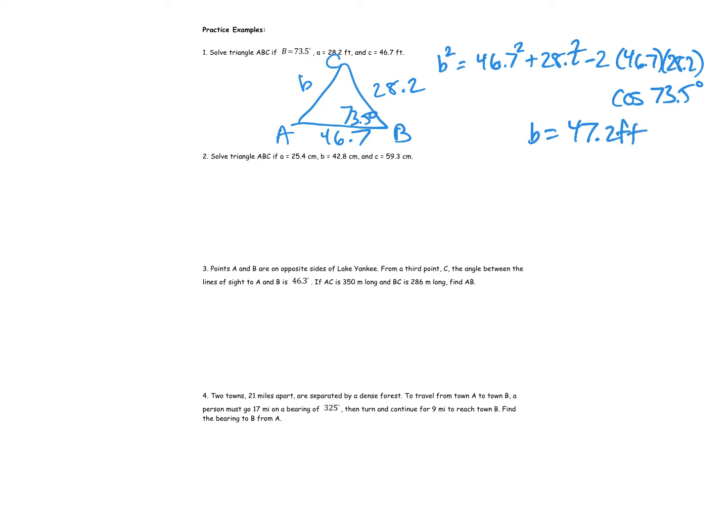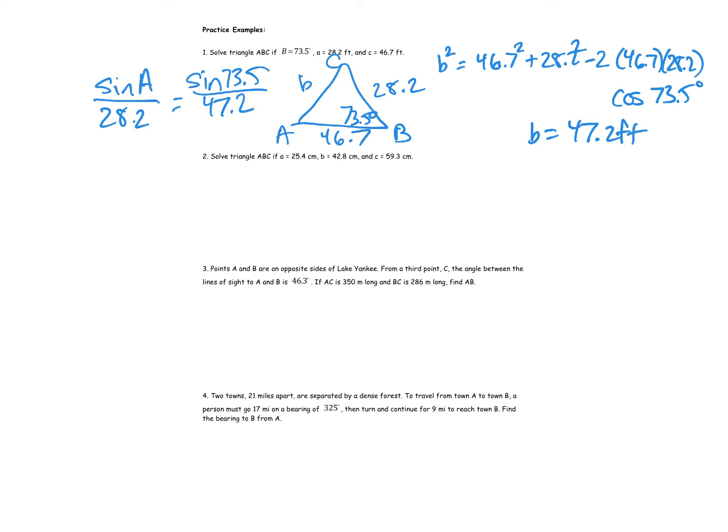And now I have two angles left. Let's use the law of sines to find the smaller of the two. So the smaller is going to be angle A. So sine of A over 28.2 equals sine of 73.5 over 47.2.